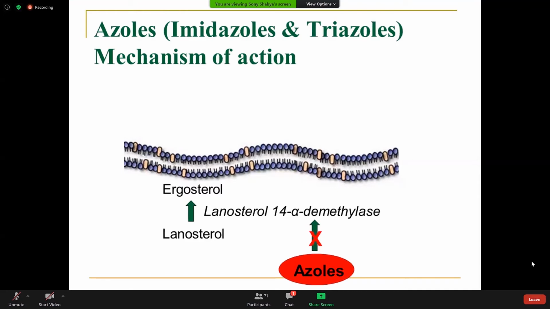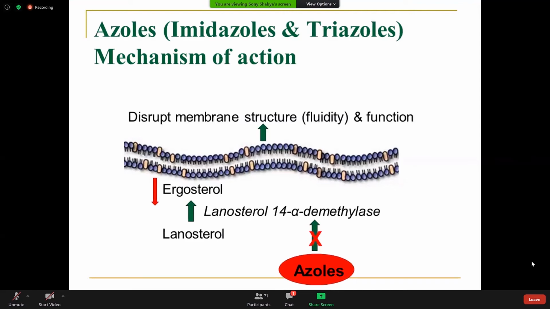So what will happen? Definitely ergosterol will decrease. Further synthesis of ergosterol will stop. If there is not an optimal level of ergosterol in the fungal cell membrane, the membrane structure might get disrupted. We call that the fluidity of the membrane. The fluidity and the function of the cell membrane will not be maintained, fungal cell death occurs and the growth will stop.